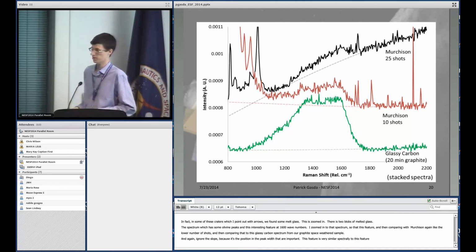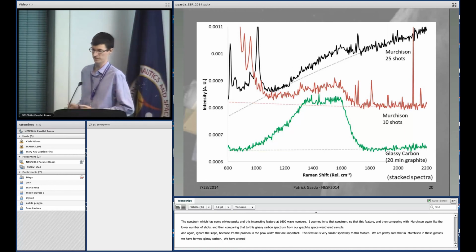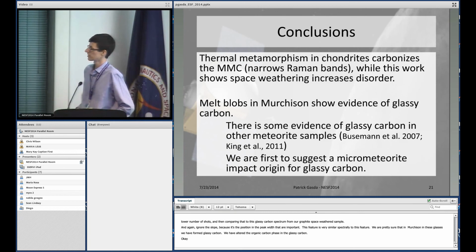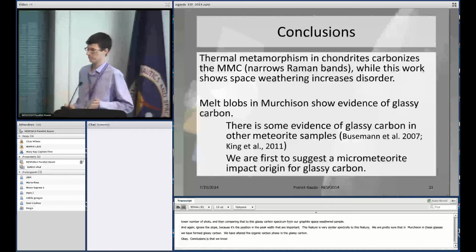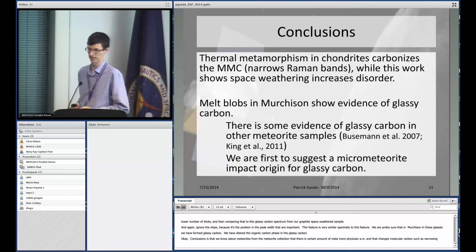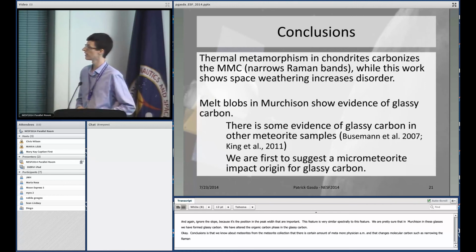So we're pretty sure that in Murchison, in these glasses, we've formed glassy carbon. We've altered the organic carbon phase into glassy carbon. Okay, so the conclusion is that we know about meteorites from the meteorite collection that there's thermal metamorphism, and that changes the macromolecular carbon, such as narrowing the Raman bands, turning it into carbonized carbon and then eventually graphite.